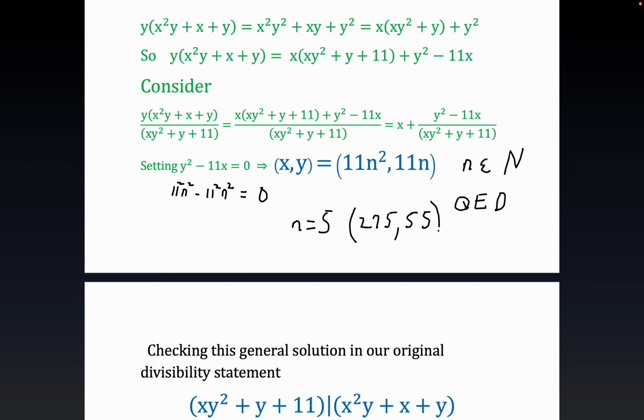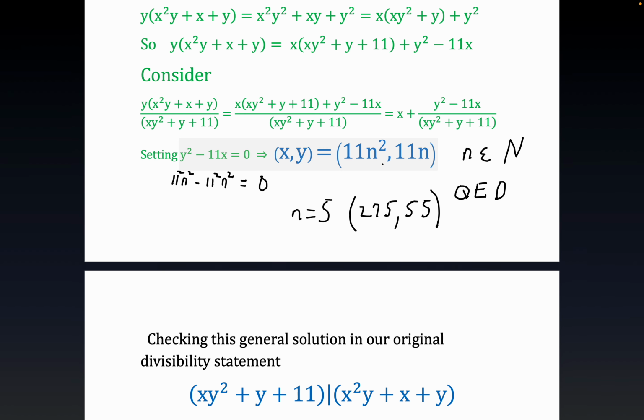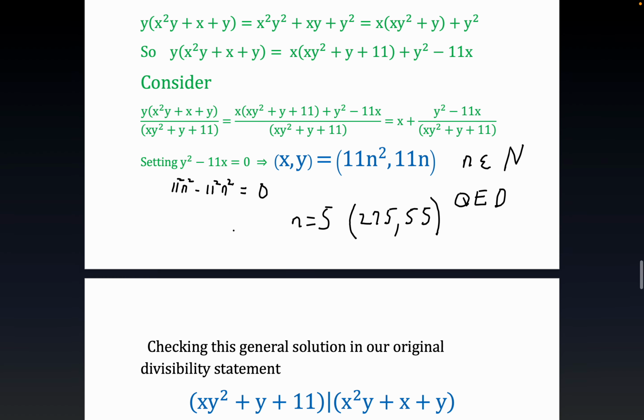Since n is infinite, and it's already been shown that something of this form is a solution, there are an infinite number. Now, more complex is to consider the case when y squared minus 11x is not equal to 0, which is what the competitors in the IMO had to do back in 1998. They actually had to go through and find all the solutions.